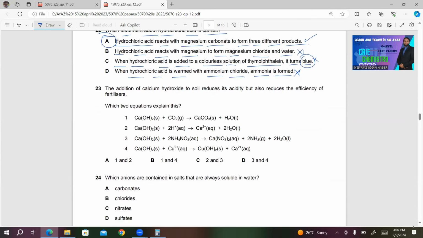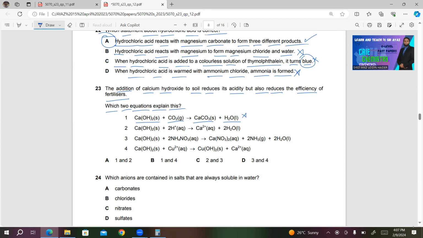Question number 23. The addition of calcium hydroxide to soil reduces its acidity but also reduces the efficiency of fertilizers. Which two equations explain this? A. Ca(OH)2 plus CO2 gives CaCO3 plus H2O. This is incorrect. The reason is that it's reacting with carbon dioxide, not reacting with the acid present in the soil.